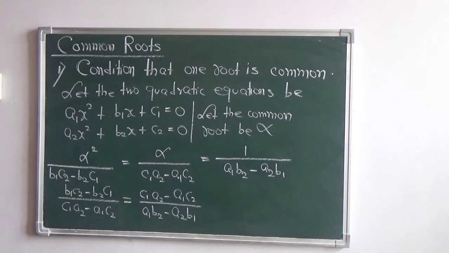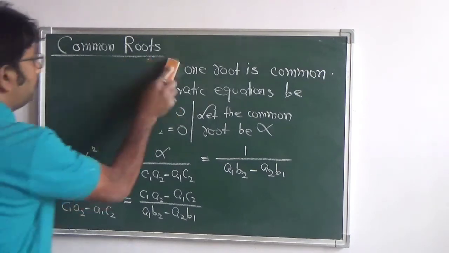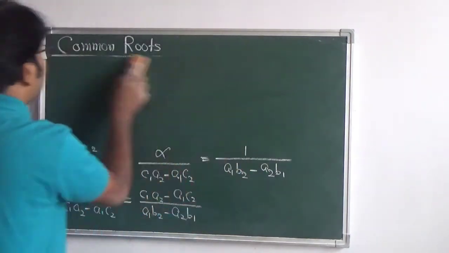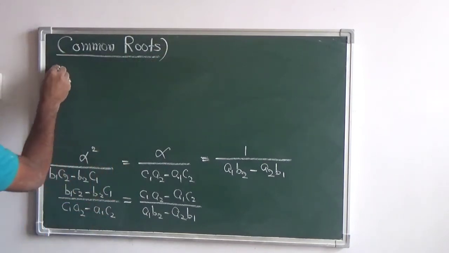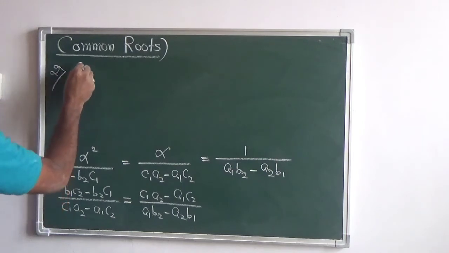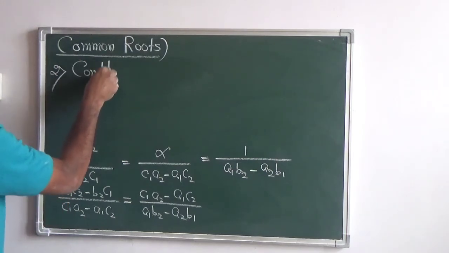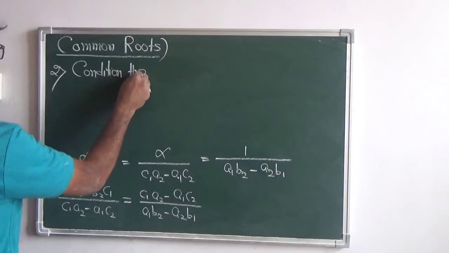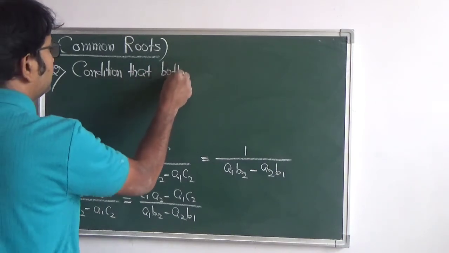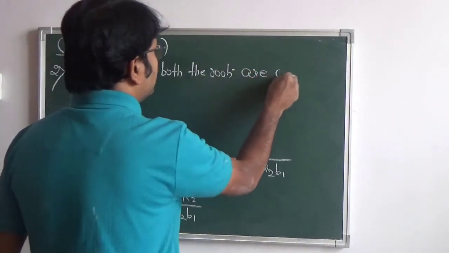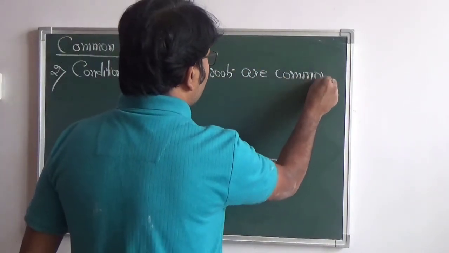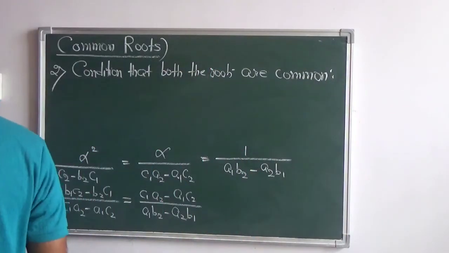Now the second condition is when both the roots are common. So let us see to that also. Case number 2, the condition that both the roots are common.